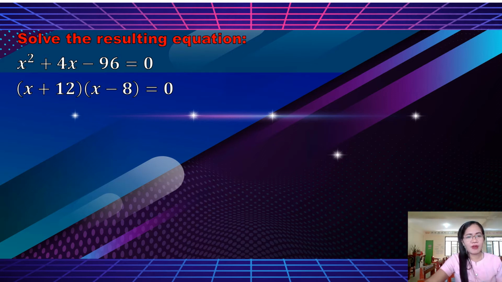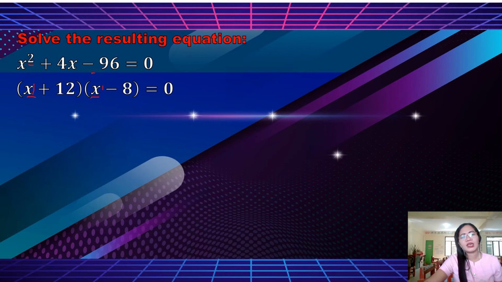The factors of x squared are x and x. To check whether your factors are correct, multiply x times x. In multiplying a variable, you add the exponents. Each has an exponent of 1, so 1 plus 1 is 2, meaning your factors are correct.